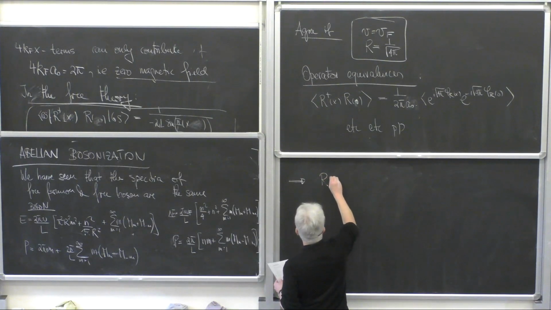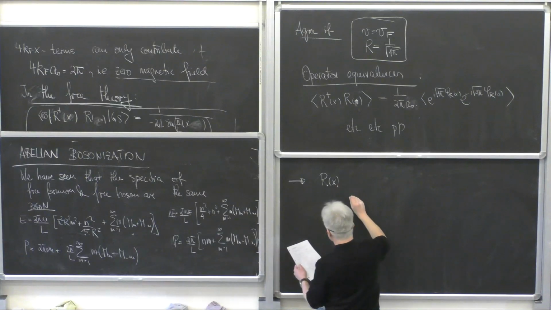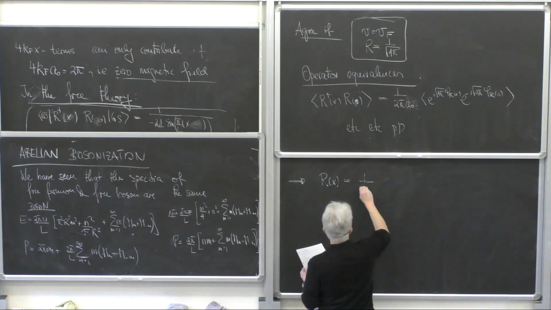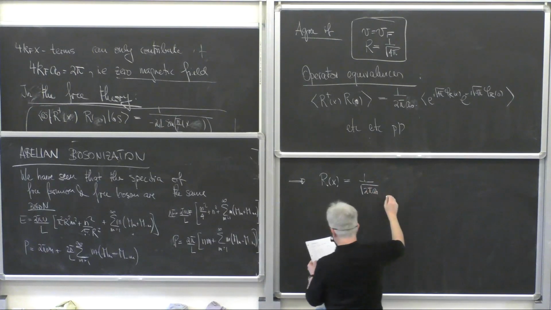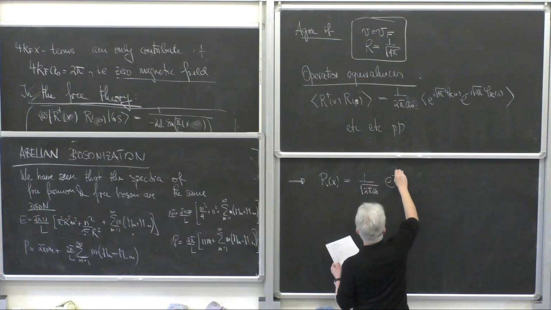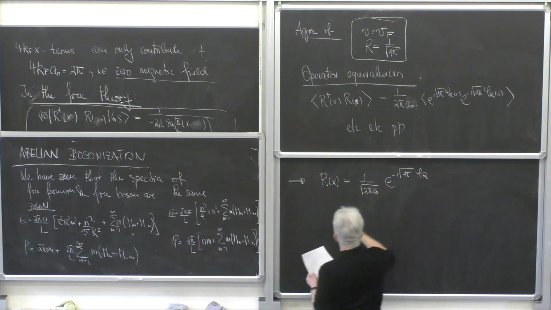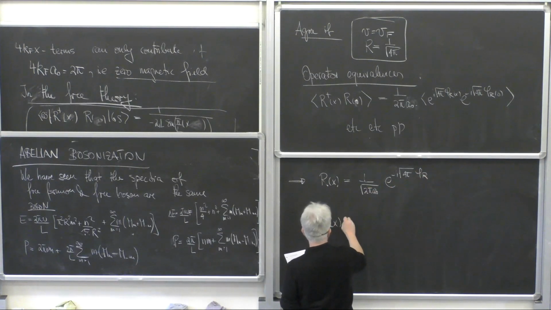R of x, if you wish, is equal to 1 over 2 pi a naught e to the minus i square root of 4 pi phi r. There will be one subtlety, but let me first finish writing.